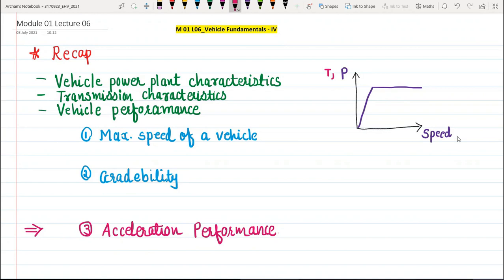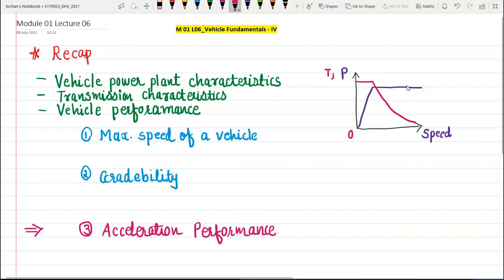We have observed that initially when the speed is low, at that time torque remains somewhat constant, and after that torque will decrease hyperbolically with advancement in the speed. Okay. So if any power plant gives you the characteristics similar to this, then this is the ideal one. Okay, it will give you the maximum performance of the vehicle, right?